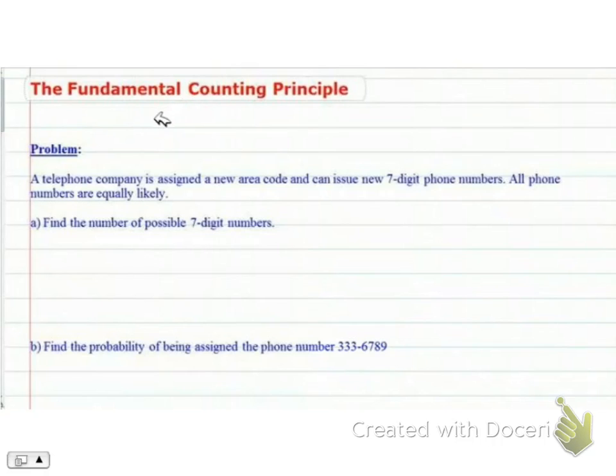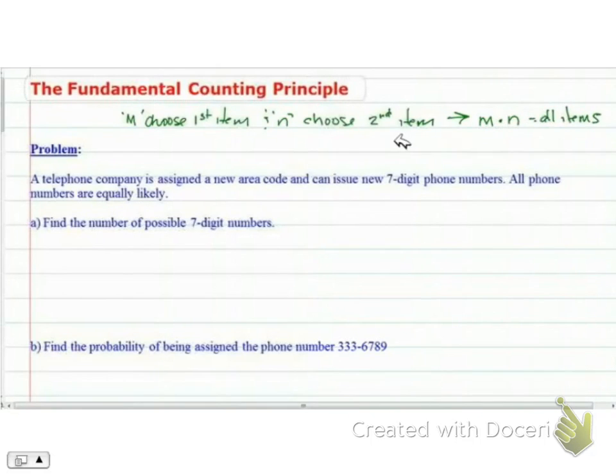All right, so first, let's take a look at the fundamental counting principle. If there are m ways to choose a first item, and n ways to choose your second item after the first item has been chosen, then there are m times n ways to choose all items.